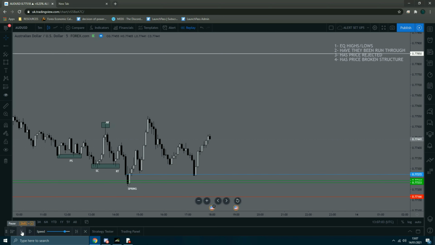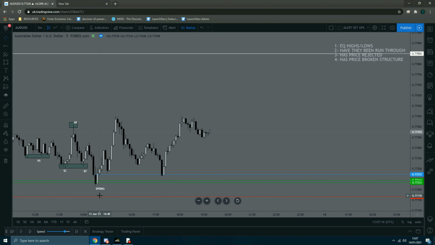So you've now got two areas where you could have potentially entered. You've got one down here with a stop loss below here, and you could have entered here with a stop loss below here. So it doesn't really matter where you enter. Both of them are really good entry points.